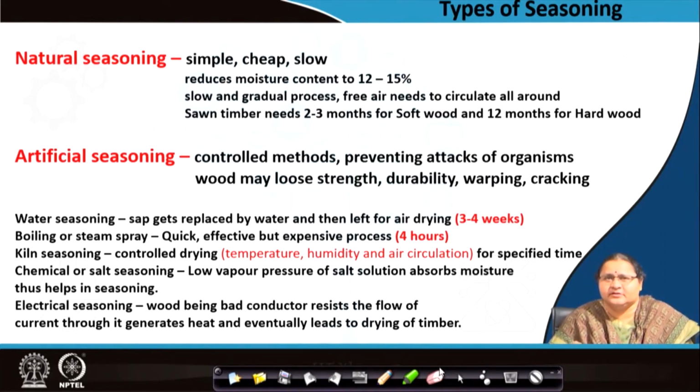Natural seasoning is a slow process, cheap process, simple process. Artificial seasoning needs intervention through water, through chemicals, through heat, through electricity, and a lesser amount of time is involved. You get it faster, but yes, at the cost of strength and durability of the wood.